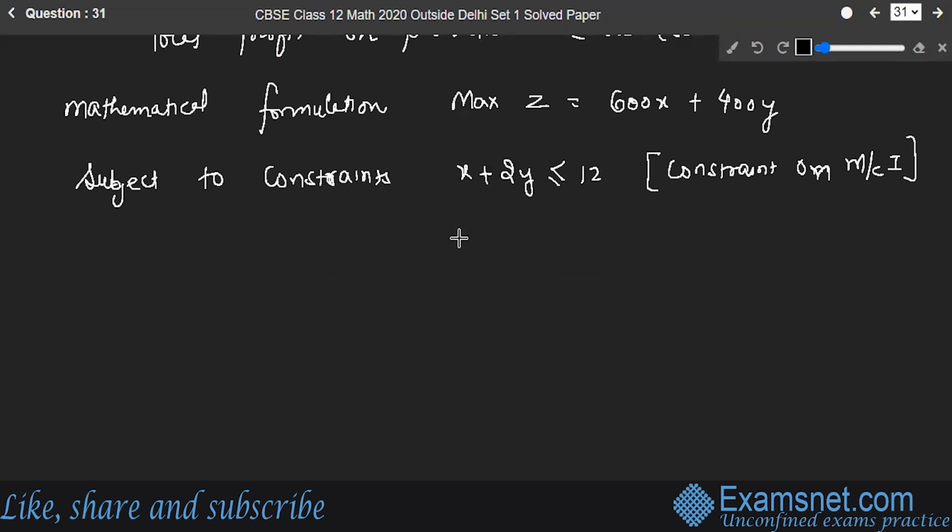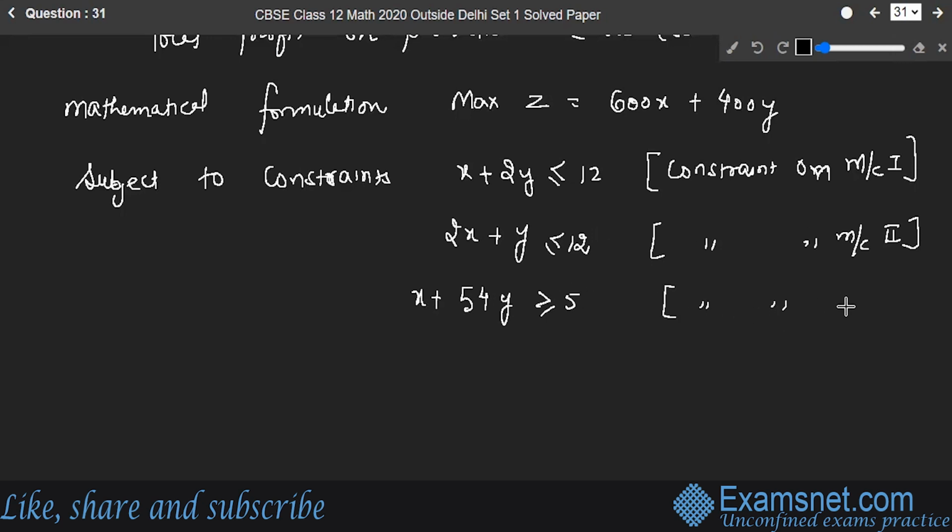Similarly, the second constraint is 2x plus y should be less than equal to 12. This is for constraint on machine 2. Third constraint is x plus 5 by 4 y should be greater than equal to 5. This is constraint on machine 3.